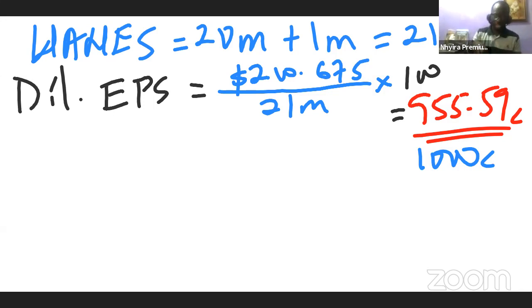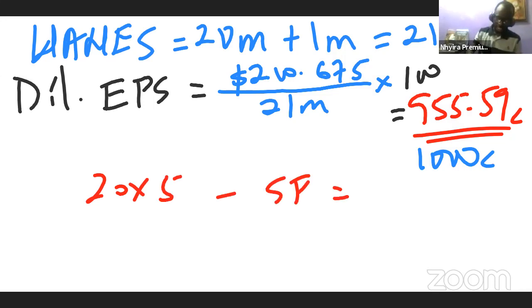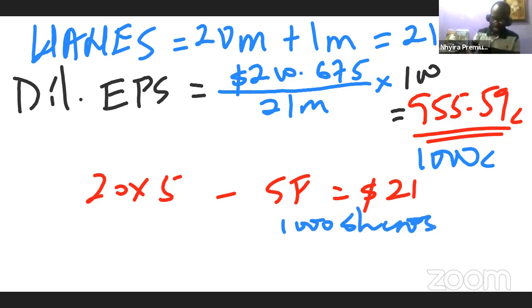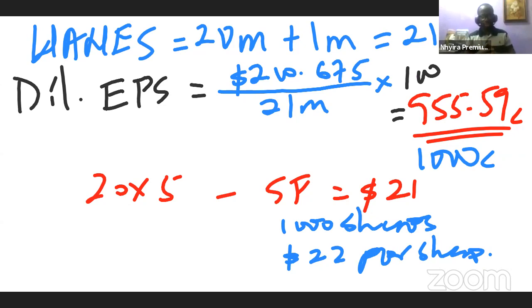If currently, today, maybe we are in 20x5, our share price is say $21 per share, we would tell the management that if you work for us in the next 5 years, everybody will be able to buy maybe 1,000 shares. And guess what? You will buy it at just $22 per share. Now look at the deal. Currently our share is $21, but they will be buying it in 5 years' time at $22. This is the sweet spot.